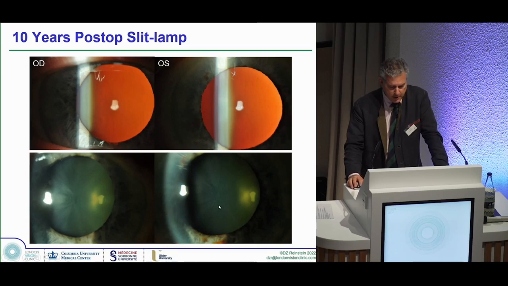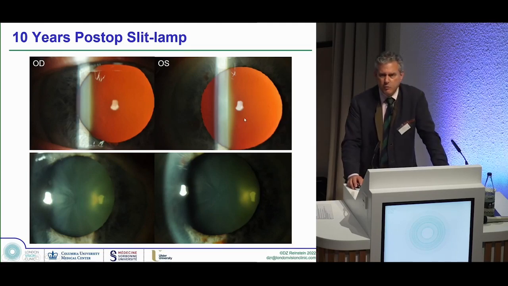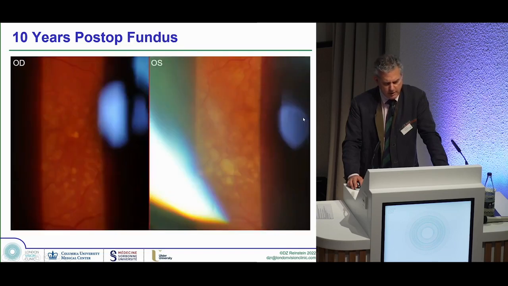So is that a 20/30 cataract? Well, that eye's 20/20. That eye's 20/25 plus 2. This eye's 20/30. Doesn't really look like a 20/30 cataract. Look at the retroillumination. There's no PSC. It's not like something weird. Well, it's not a 20/30 lens. This is her fundus.